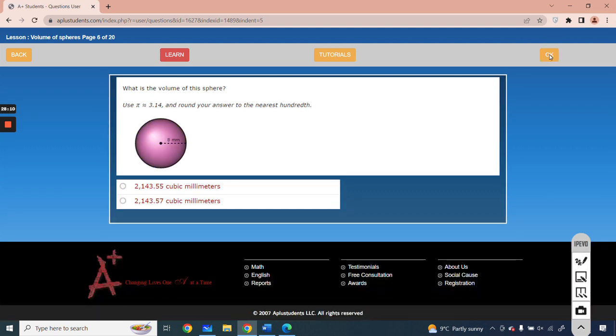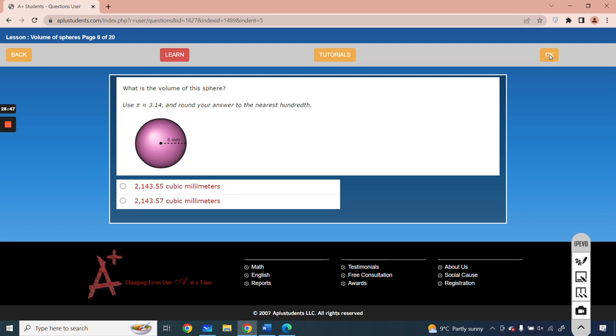Okay, the next one is, what is the volume of the sphere? Okay, you have to do 4 by 3 pi r cube.